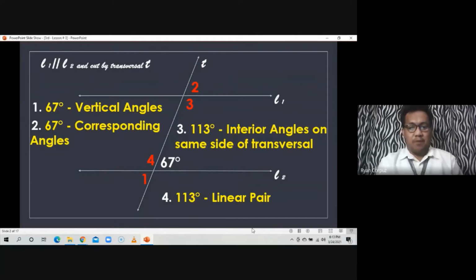That means they're called a linear pair. And if we talk about their measurement, they are also supplementary. That means when we add the measures of the two angles, the sum is equal to 180 degrees.